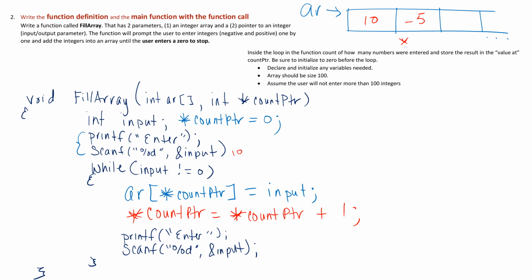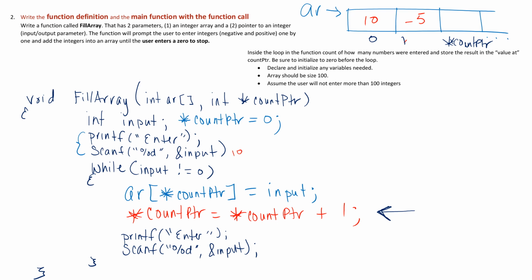And when they enter 0, it stops. Inside the loop, in the function, count how many numbers were entered and store the result in the value at count pointer. So this is going to be updated with each iteration of the loop. So when there are 2, 0, 1, then the value at count pointer will be 2, and that's going to be the number.